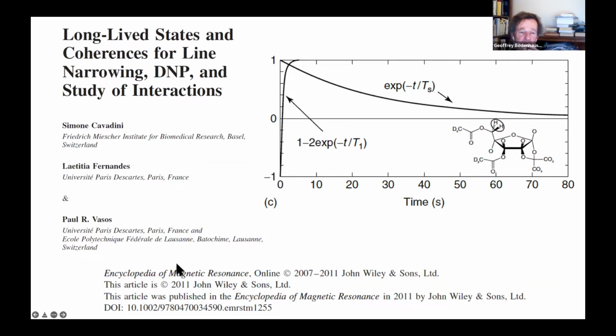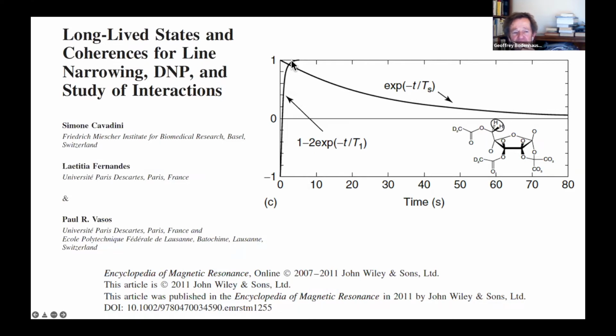You find this in the Encyclopedia of Magnetic Resonance, and there is a very nice illustration here, which shows one of the molecules that we had asked a friend to synthesize, which is basically a protected sugar with lots of deuterons, and only 2 non-deuterated protons that form an AB or an AX system. These are, technically speaking, diastereotopic protons, because there are several stereogenic carbons in the vicinity, and you can excite a long-lived state or a singlet state, which is the same thing, between these 2 protons.